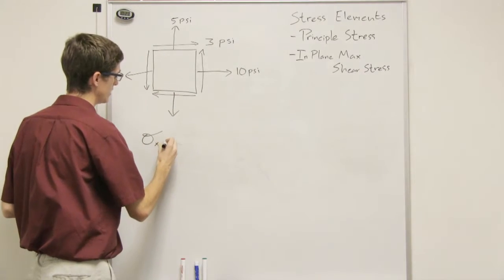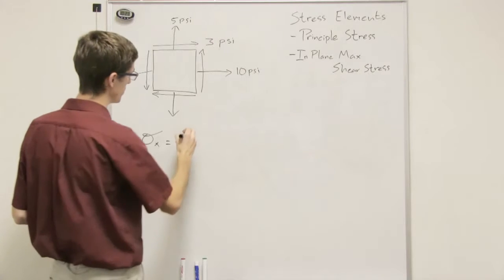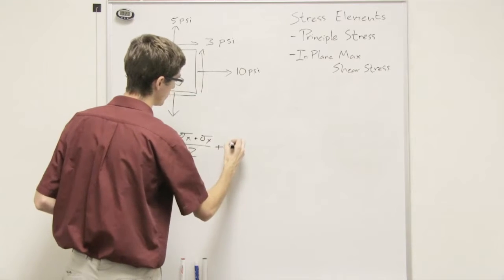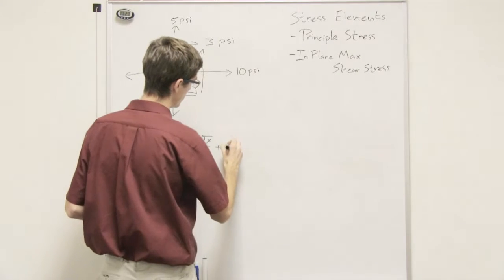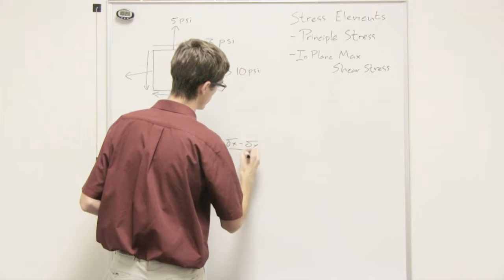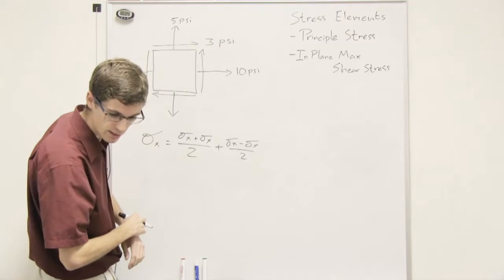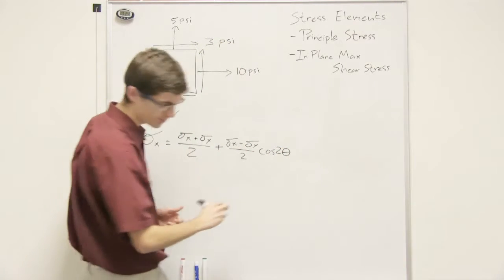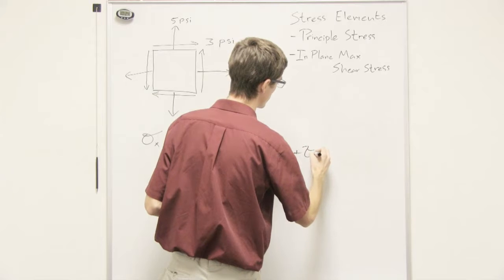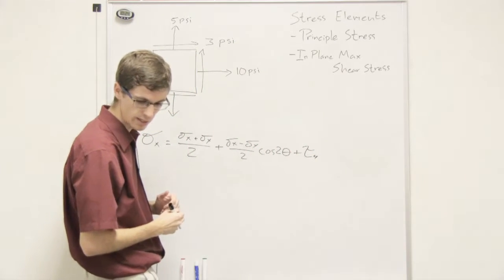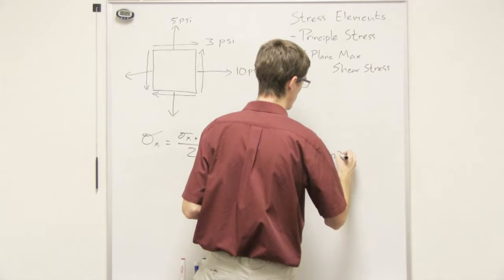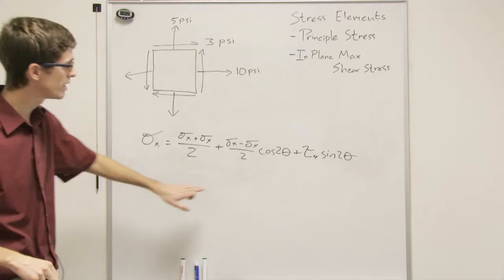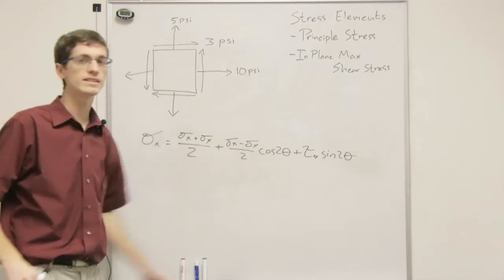Sigma x prime is equal to sigma x plus sigma y over 2, plus sigma x minus sigma y over 2 times the cosine of 2 theta, plus the shear stress times the sine of 2 theta. That's how you find it if you were to rotate it. Theta is how much you want to rotate it.